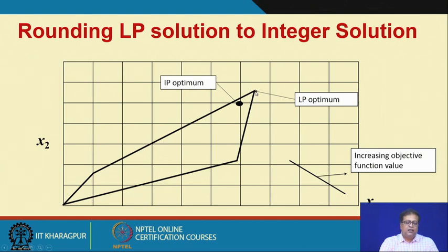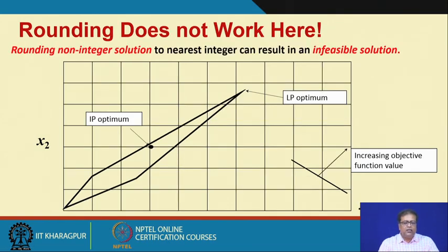So, it is clear that since there is no other integer solution in sight and this side our profit is increasing, all nearby integer solutions are worse than this, is it all right. So, we can say yes, this is IP optimum, we accept it, there should not be too much of a difficulty.